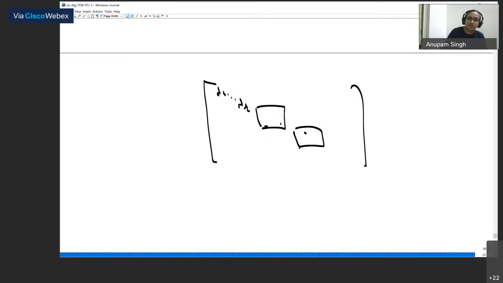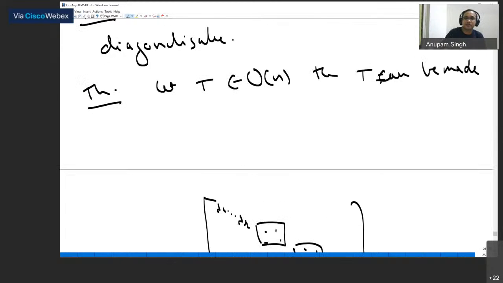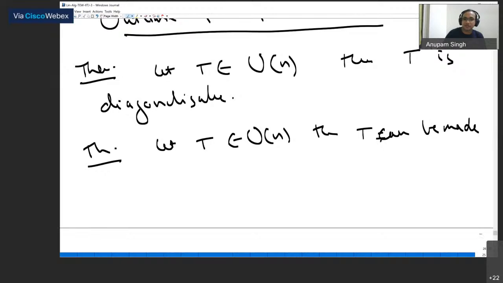Okay, some 2 by 2 blocks. So it may not be just 1 by 1 blocks as happens in the unitary group case.